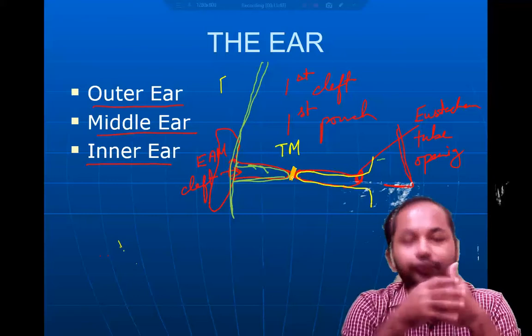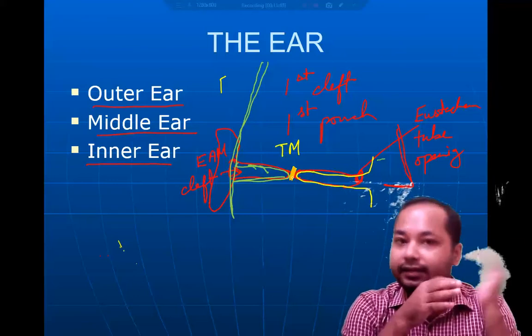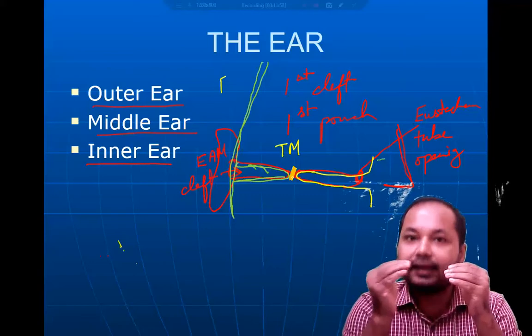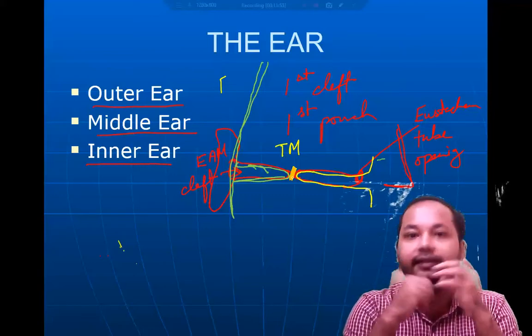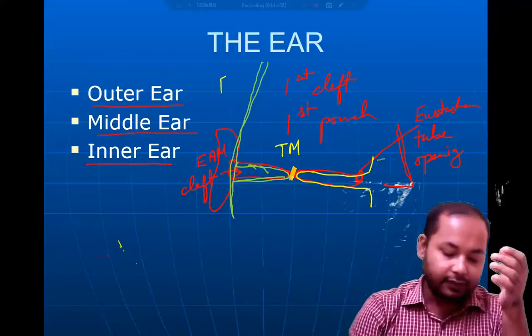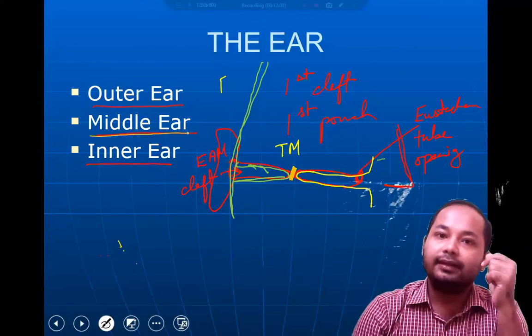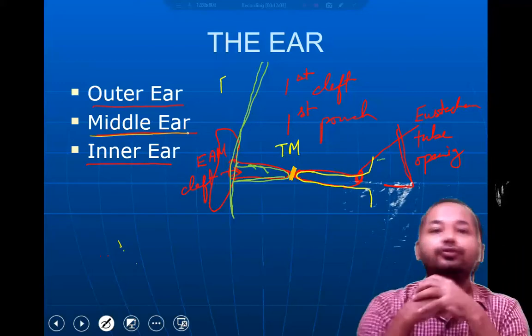This will help you remember that the external canal is from the outside, and the internal canal, including the middle ear cavity, is built from the pouch only.